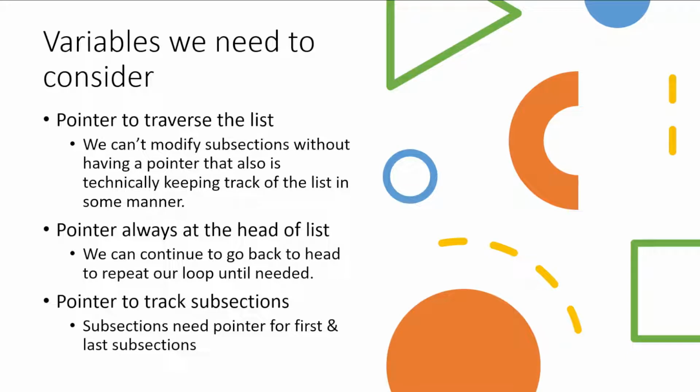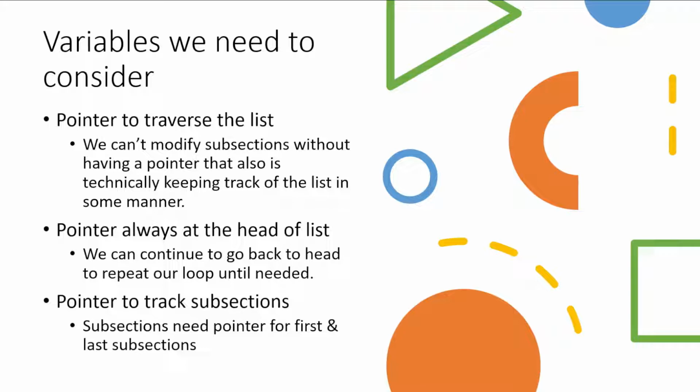The variables that we need to consider, just to repeat going through the setup and going through this process of creating and modifying the bottom-up linked list merge sort, is we need a lot of different pointers since we're working with a linked list. We need a pointer to traverse the list.